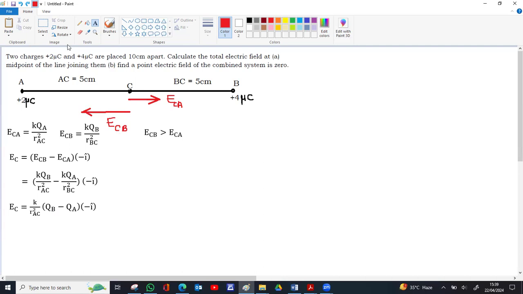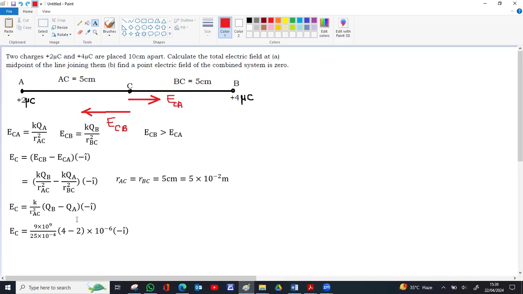RAC and RBC are equal, which is 5 centimeter. When you square, it will be 25, but converting centimeter to meter, 5 into 10 raised to minus 2 meters. So 25 into 10 raised to minus 4 will be the R square for AC or BC, which are the same. Now substitute the values.